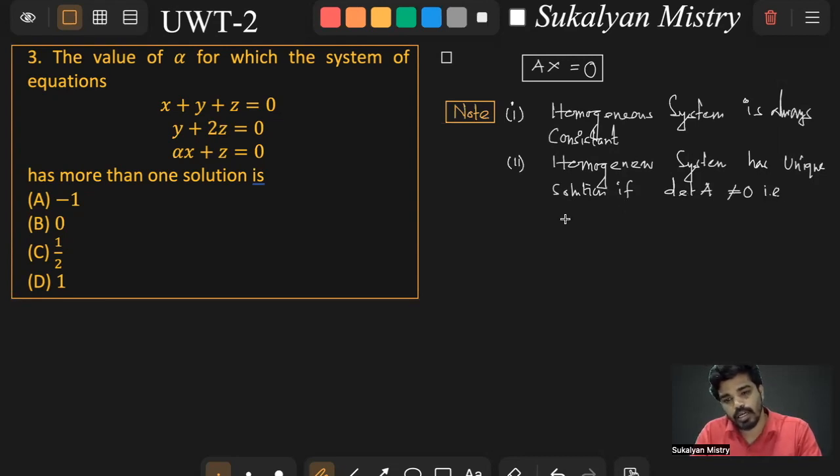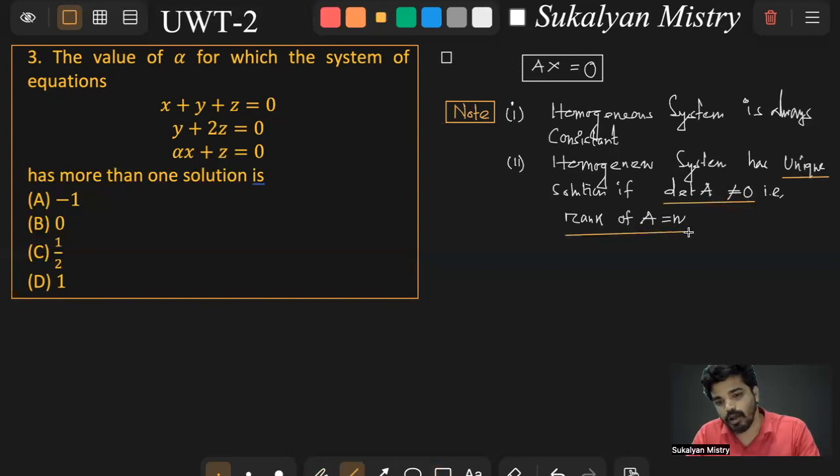That is, rank of A is equal to n. Okay, so it is a very, very important note. Unique solution if determinant A not equal to 0, that means rank of the matrix is equal to n.